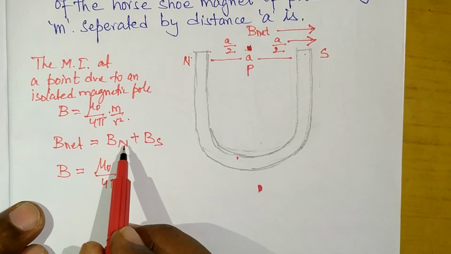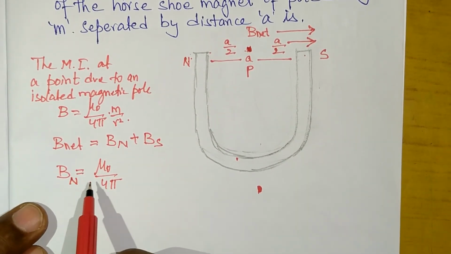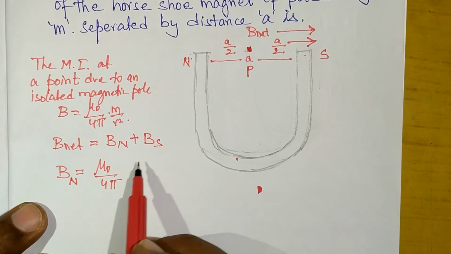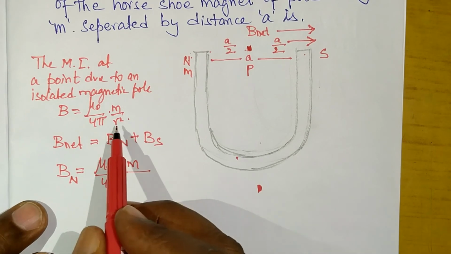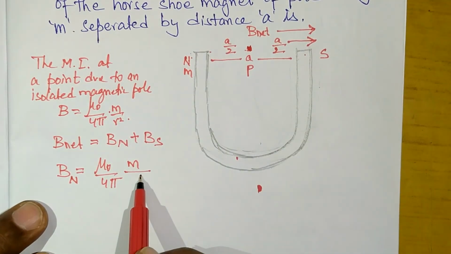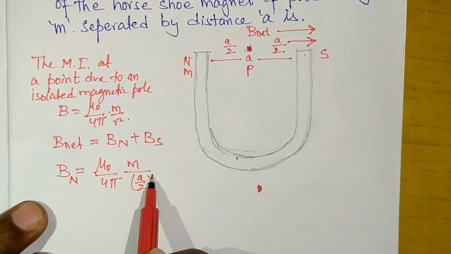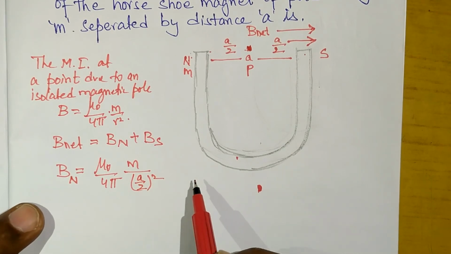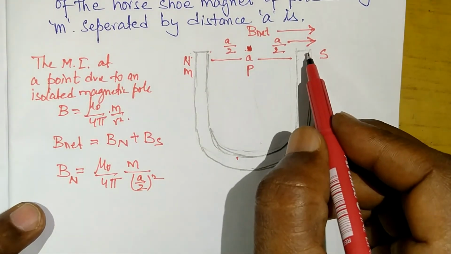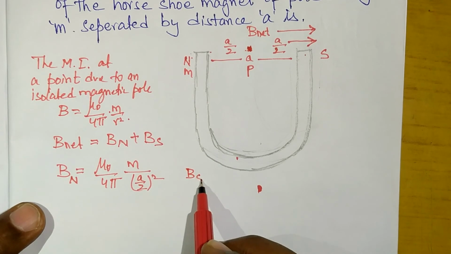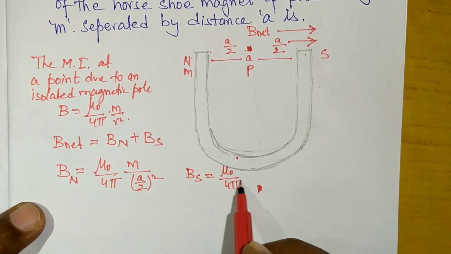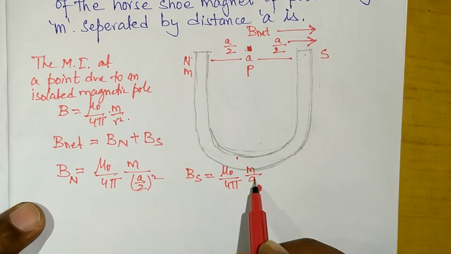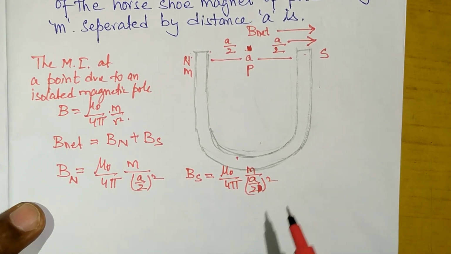So the magnetic induction due to the north pole will be mu naught by 4 pi, pole strength M, by, instead of r square, A by 2 whole square. Similarly, Bs is equal to mu naught by 4 pi M by A by 2 whole square.